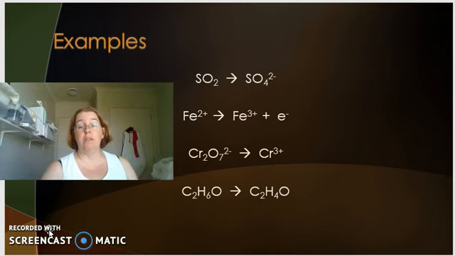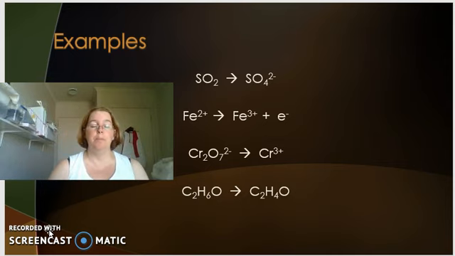If we look at the third example, dichromate turning into chromium 3 plus. In this case, we have lost oxygen. We've gone from having 7 oxygens on the left-hand side of the equation, or 3.5 oxygens per chromium, if you want to think of it that way, to having no oxygens on the right-hand side. That net loss of oxygen means it must be considered reduction.